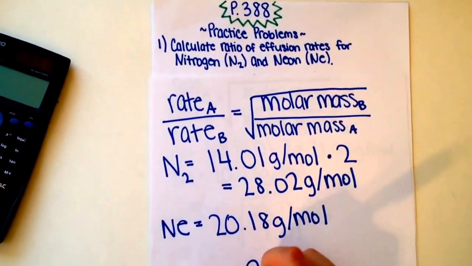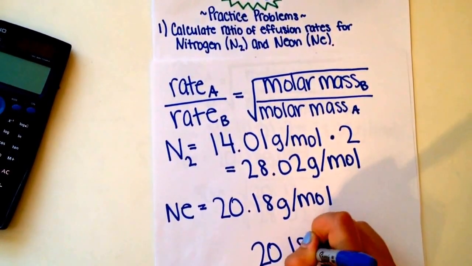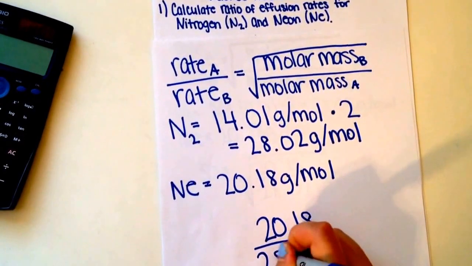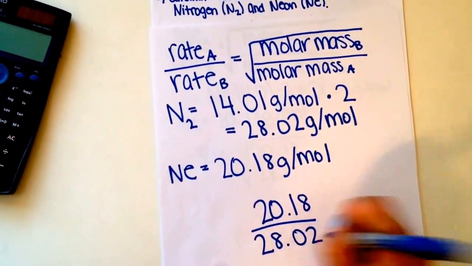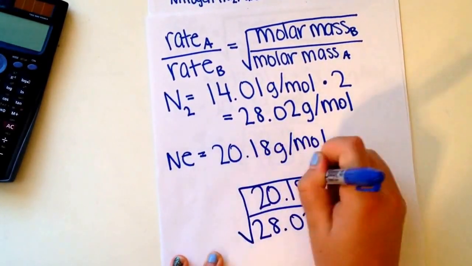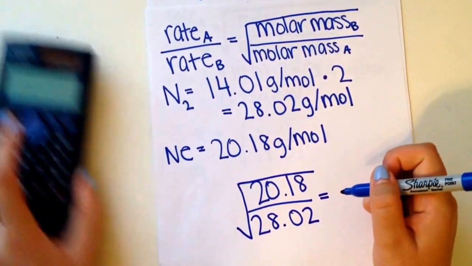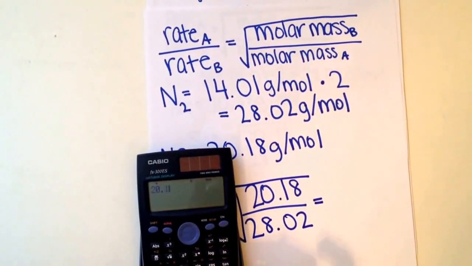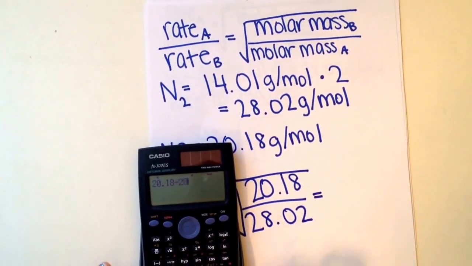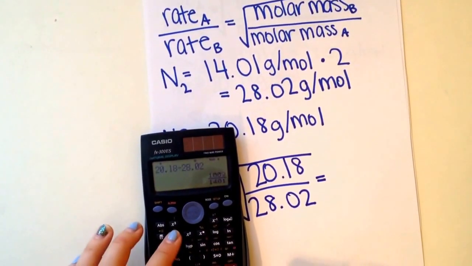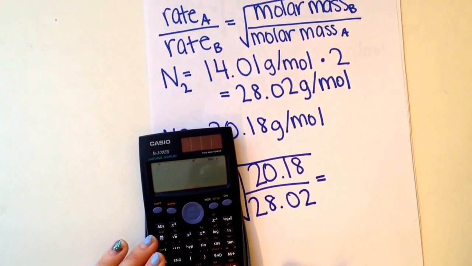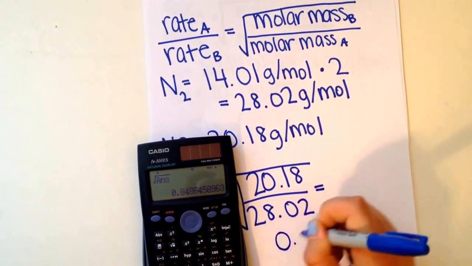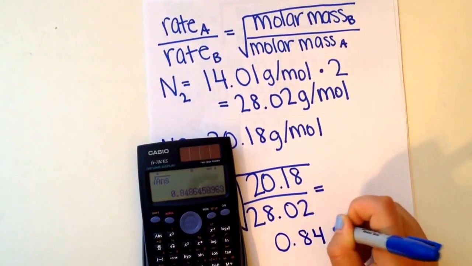So we would do 20.18 divided by 28.02 and find the square root of that value. This gives us a value of 0.8486.